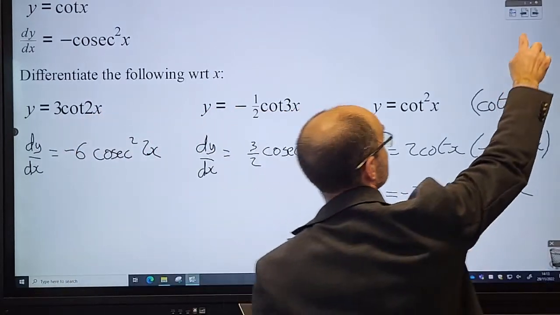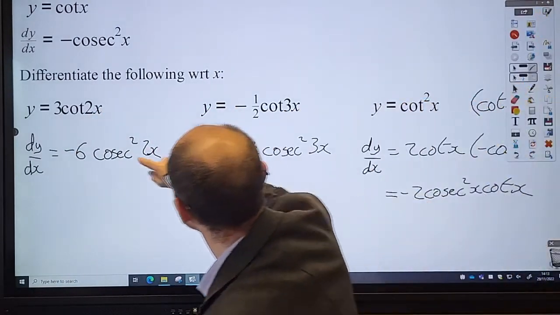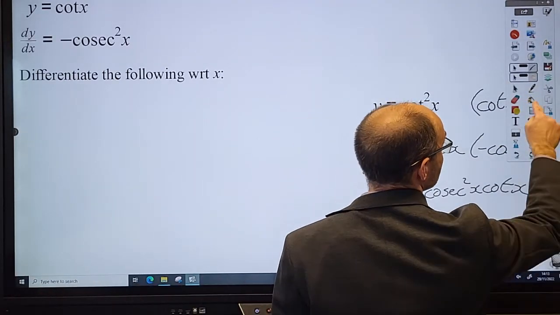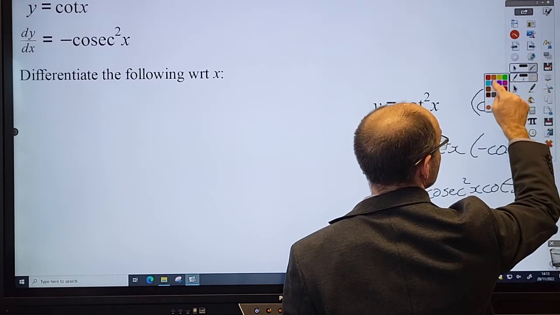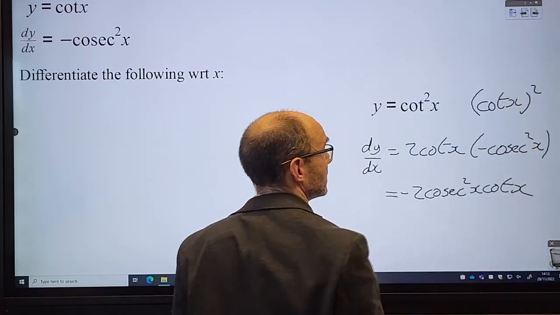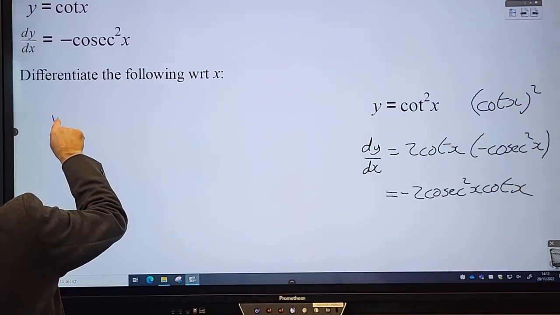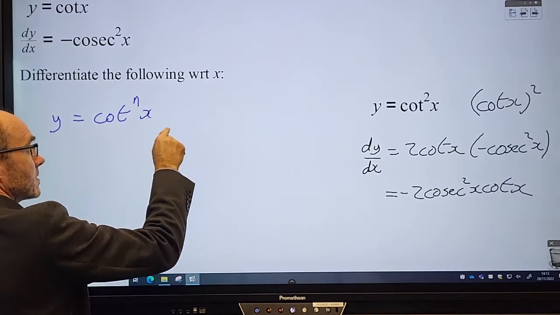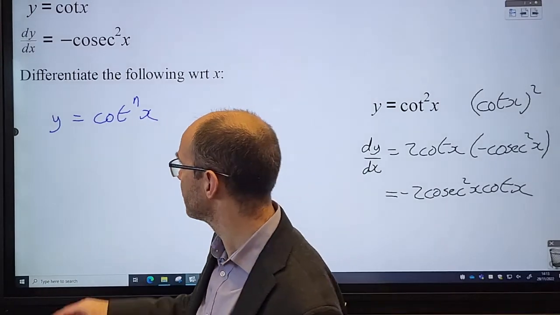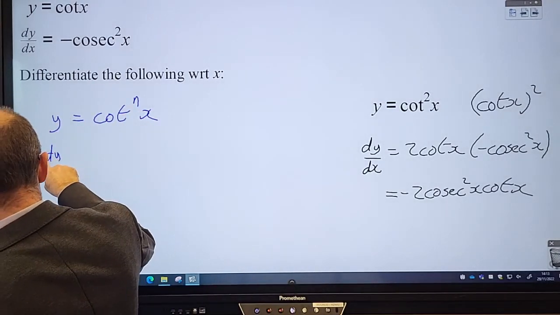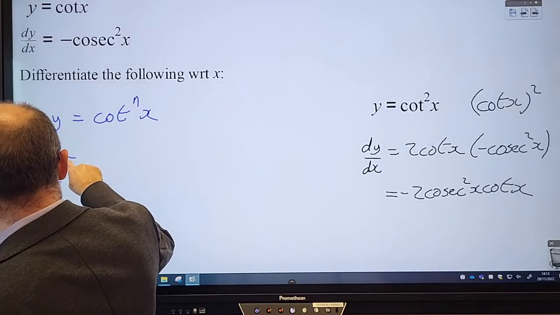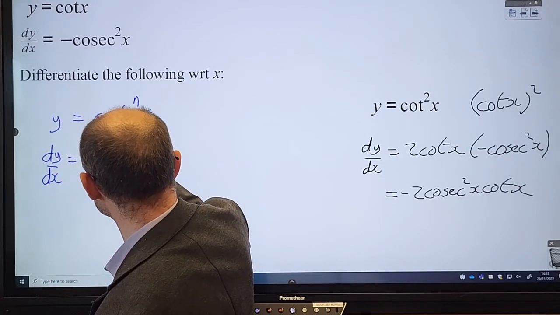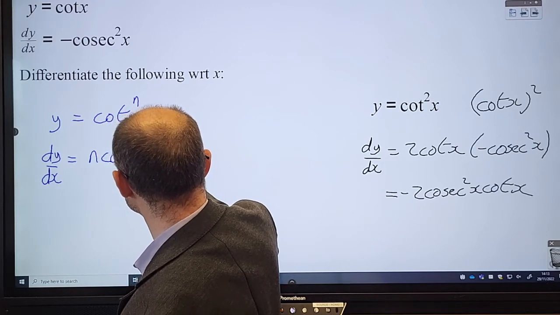Okay. Next, let's just finally have a look at, do you predict what I'm going to do next? Just change the colour. Yeah, we'll look at y equals cot to the power of n x, and we'll differentiate that. Okay. So dy dx is equal to, I'll bring the power down, so it'll be n cot to the power of n minus 1 x.